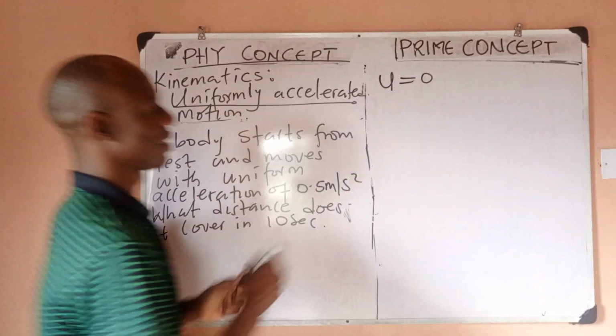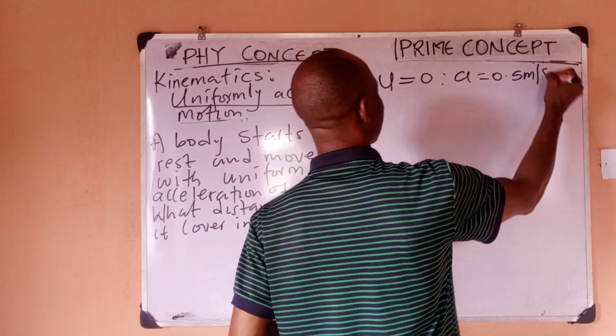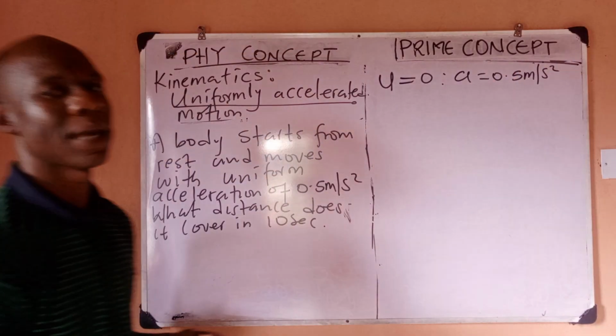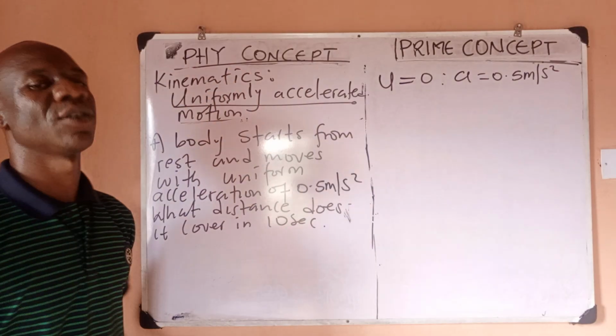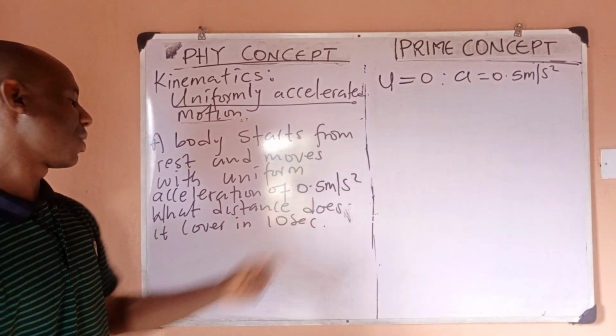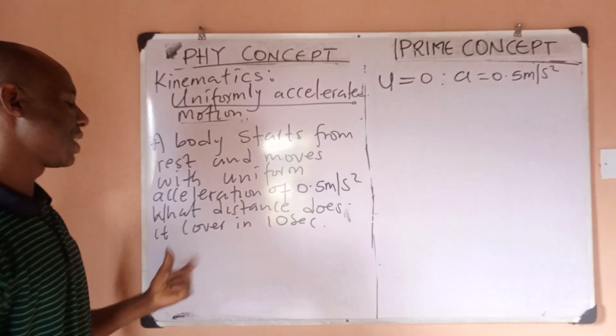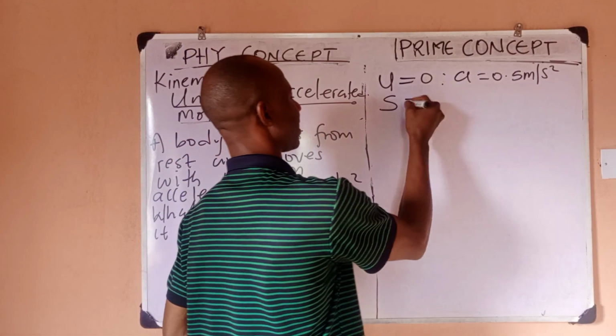The acceleration is given. So A is 0.5 meter per second squared. You can see how I'm writing out my parameters. So once I write this out, to quickly bring to my consciousness which of the equations to use. An acceleration of 0.5. What distance does it cover in 10 seconds? So we're looking for the distance s.